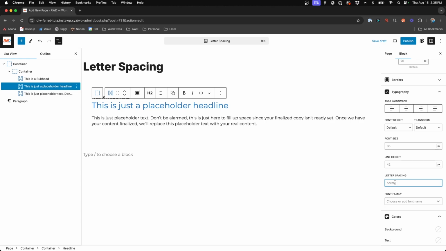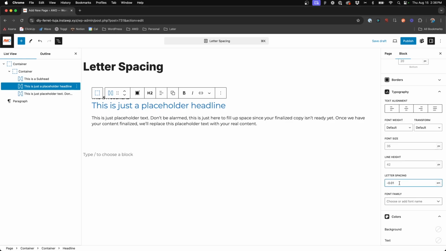So I'm going to say negative 0.01 EMs. And when it comes to adding negative letter spacing, it's going to be in much smaller increments than it would be if you were adding positive letter spacing.